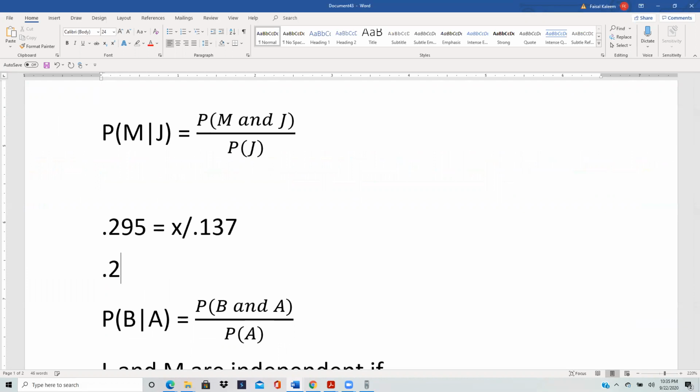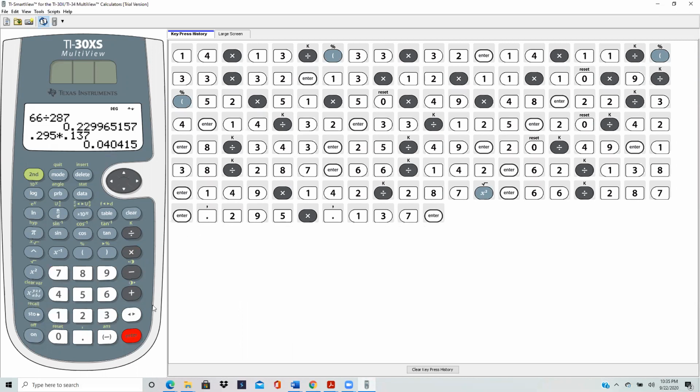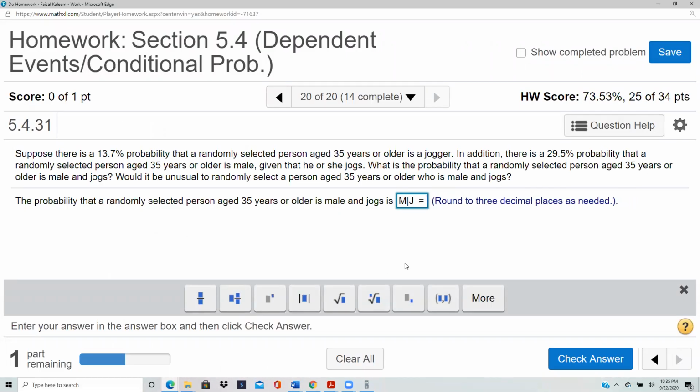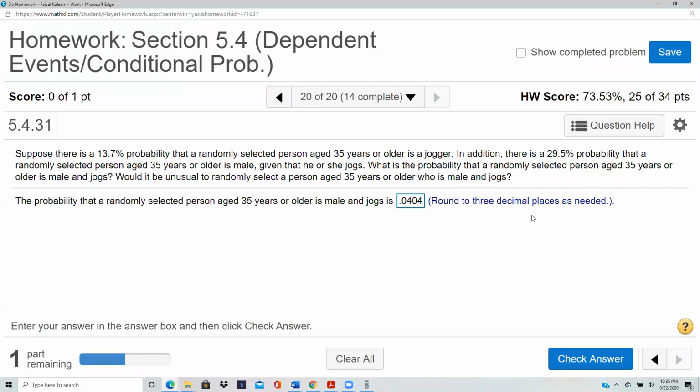So 0.295 times 0.137 is equal to x. 0.295 times 0.137 is 0.0404. For 3 decimal places, so 0.040.